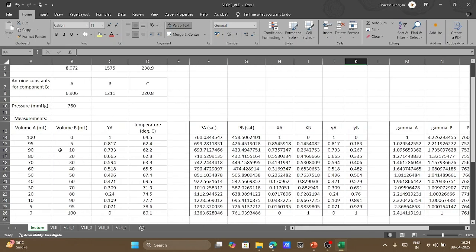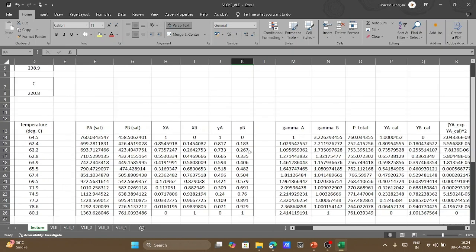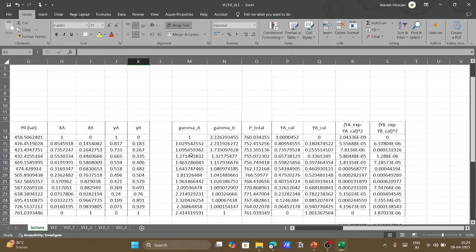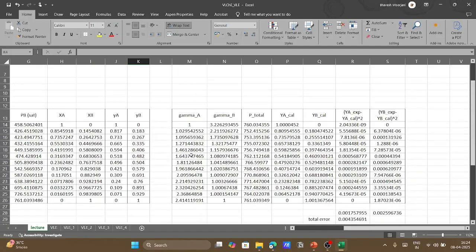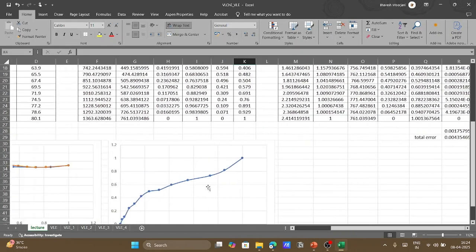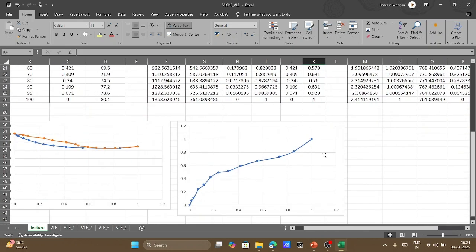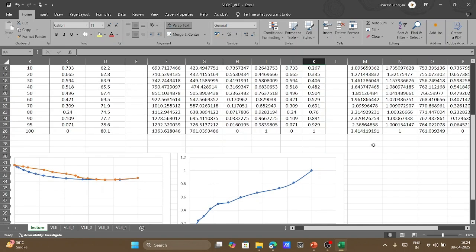So for the initial composition, let's say 90 and 10, I vary the temperature value, find the corresponding xi value, and from that we can use the Margules equation and then find the vapor composition, right? So that thing you can also put in here along. You can compare that with this plot and see how it varies, right?